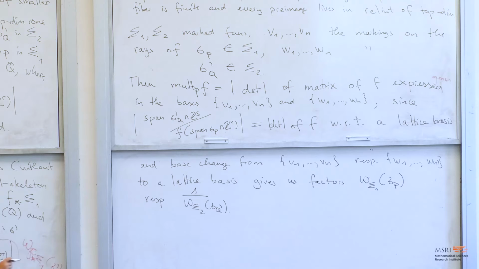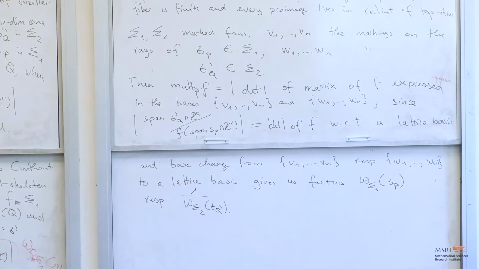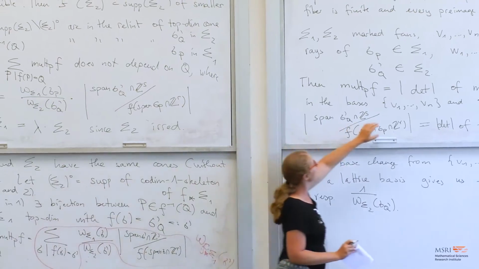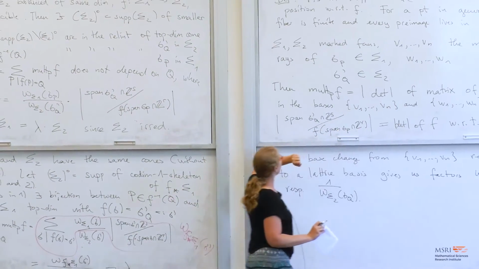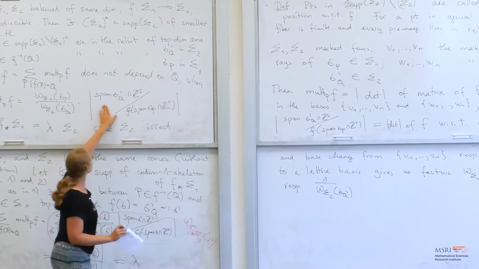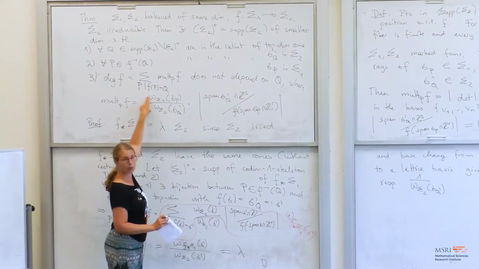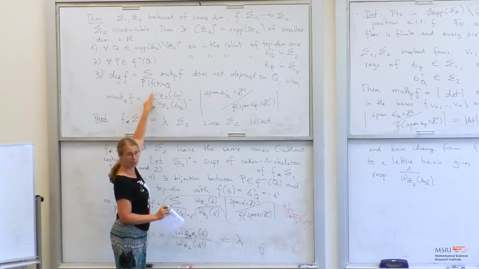Okay, and now we look at this. This is the multiplicity, this thing here. Yeah, here it's written nicer maybe. This is the multiplicity. This lattice index is equal to the determinant of f with respect to lattice bases. And these two factors are given from base changing from lattice bases to our marked vectors.